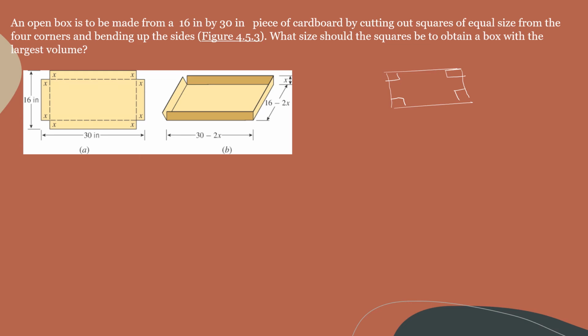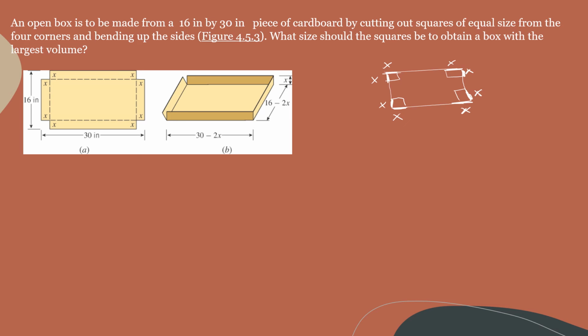So let's name this cutting part X. And since all the corners which you are cutting are of equal size, this is X and here this is also X. This cut part is X, this cut part is X, and this cut part is X. Similarly, this part is X and this part is also X.